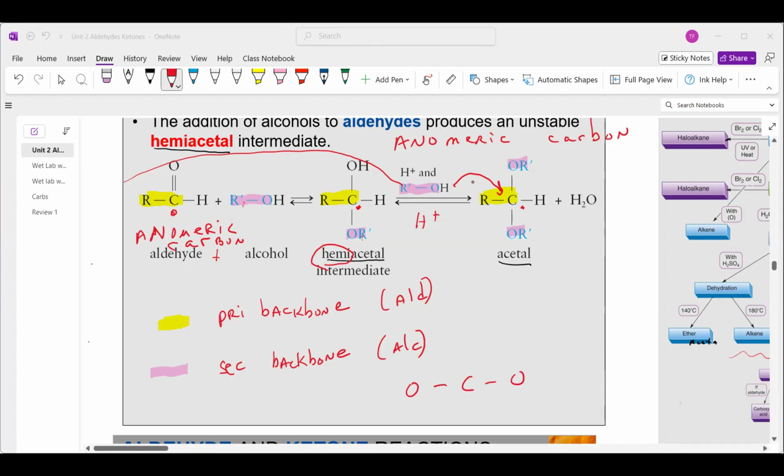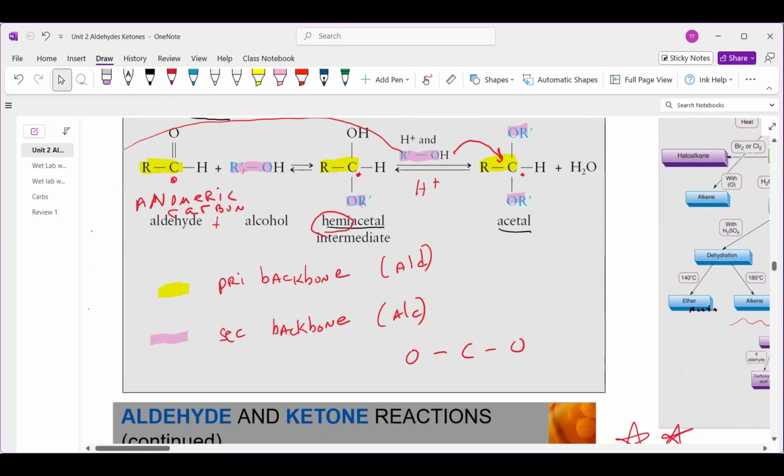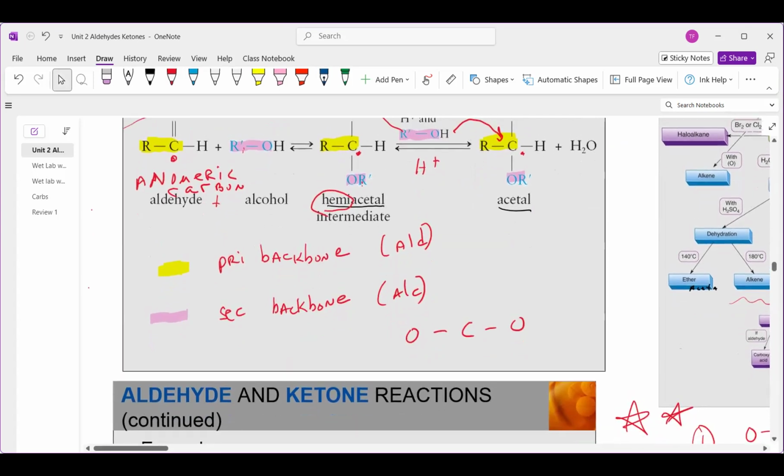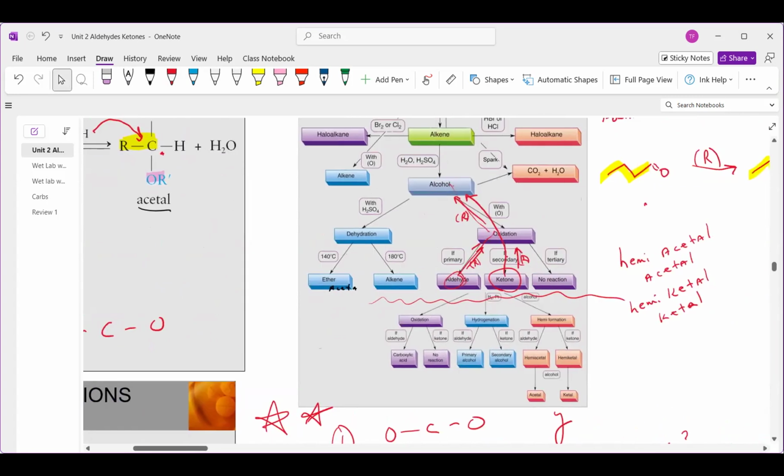So to identify an acetal or ketal, you look for that OCO connection. If that's there, you have something that's an acetal or ketal. Okay. So that's what this stuff is down here.